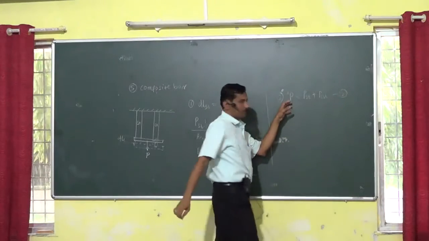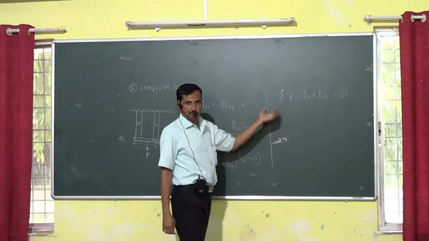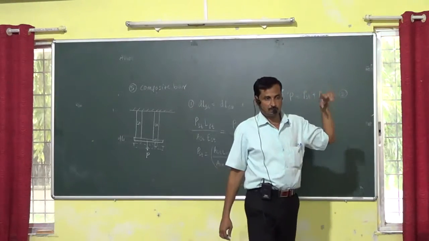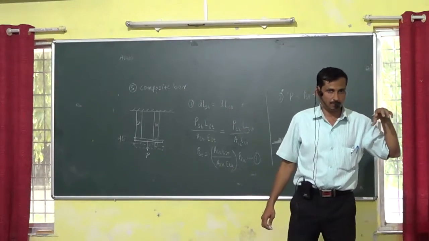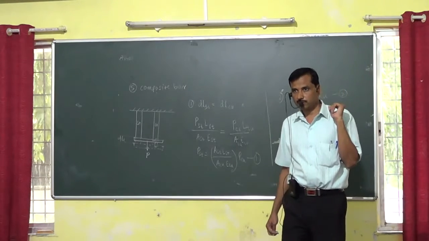If the total amount of force P is given to us, then with equation 1 and equation 2, we become able to identify the forces acting on the steel bar as well as the copper bar.